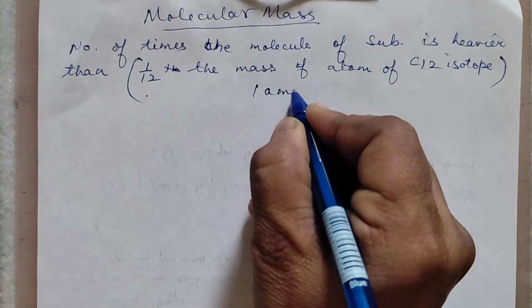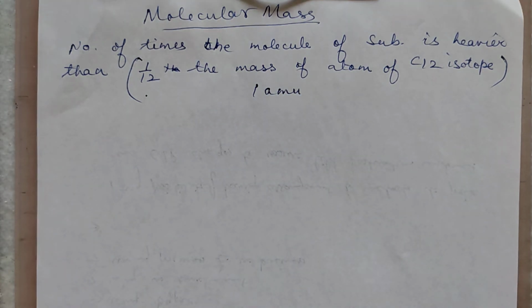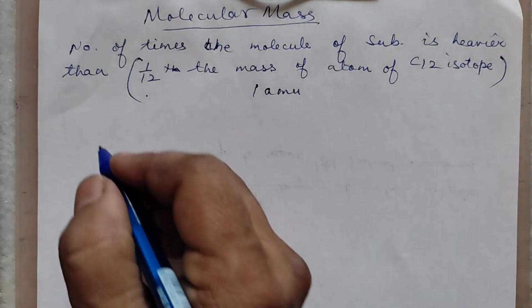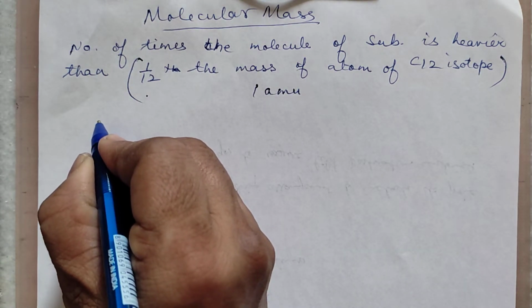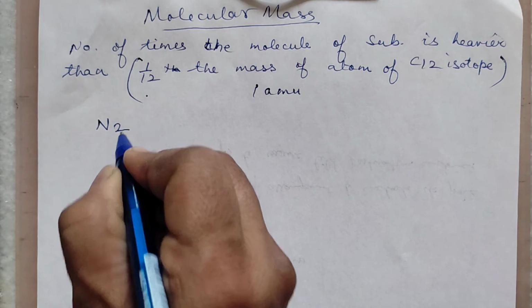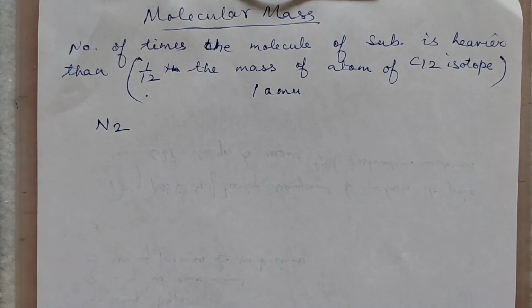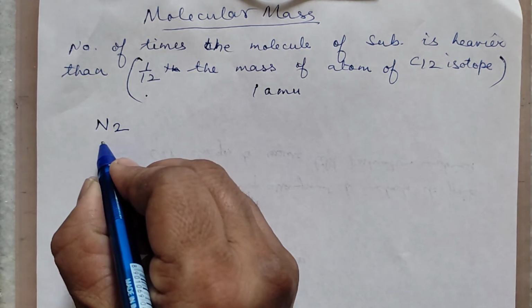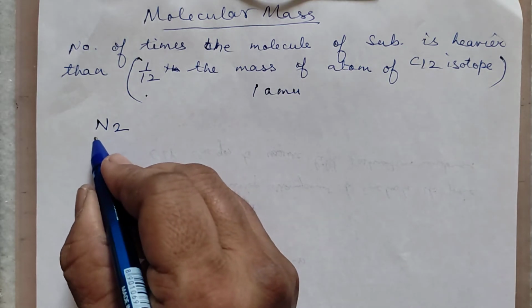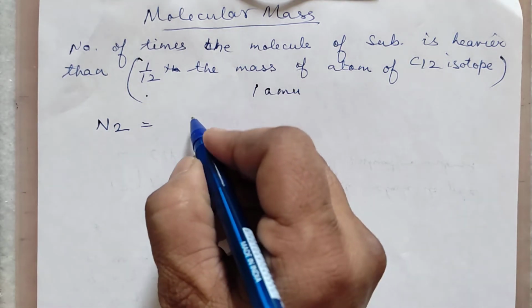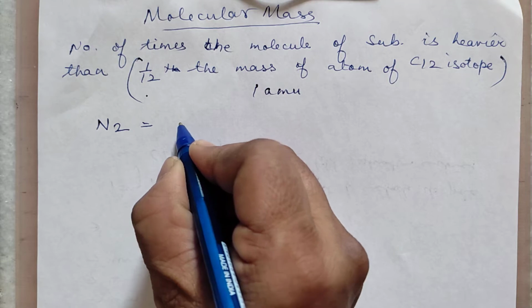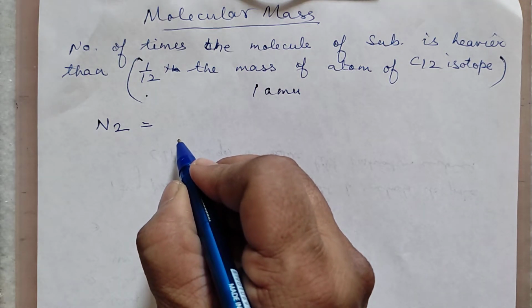We are always comparing with the 1 AMU, that is 1 by 12th of mass of the atom of carbon 12. For example, if I now write nitrogen, N2, what is the mass of nitrogen molecule?